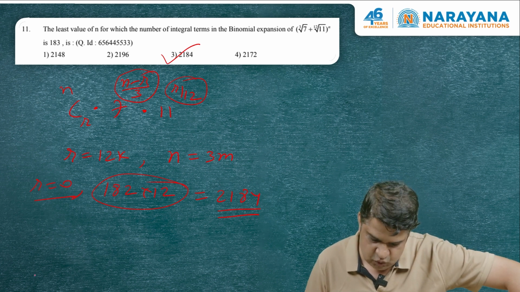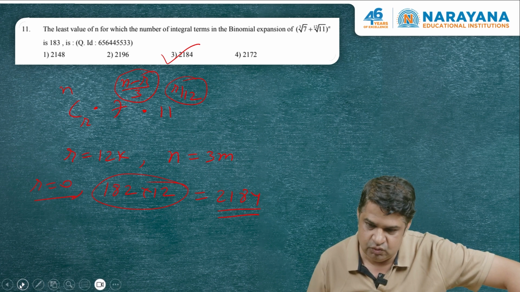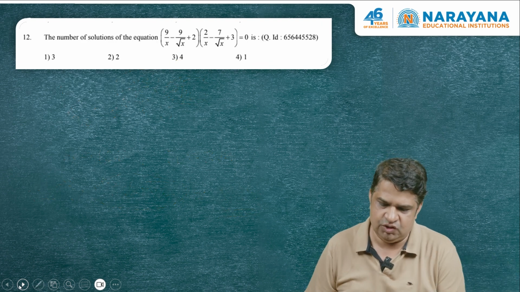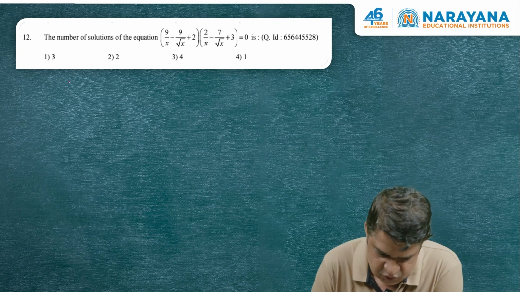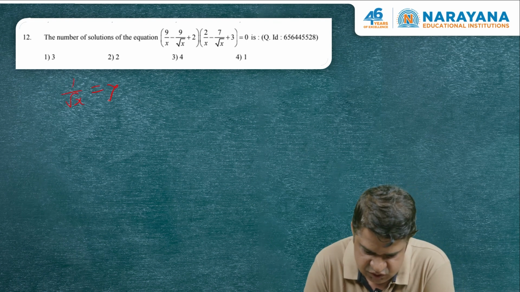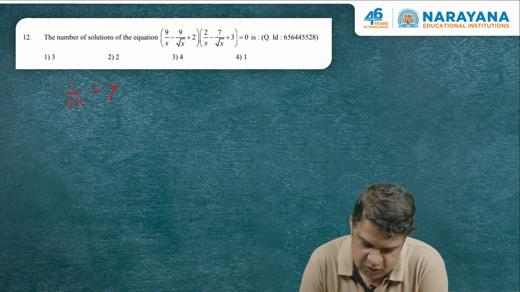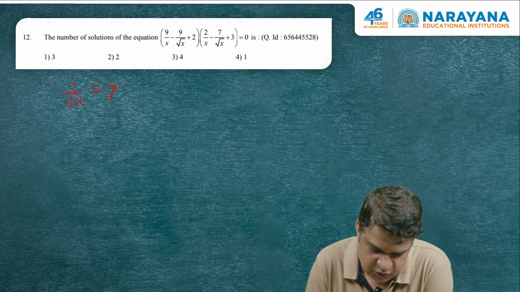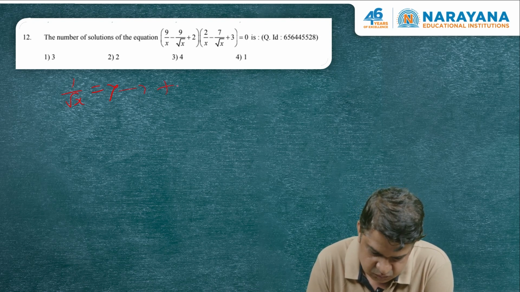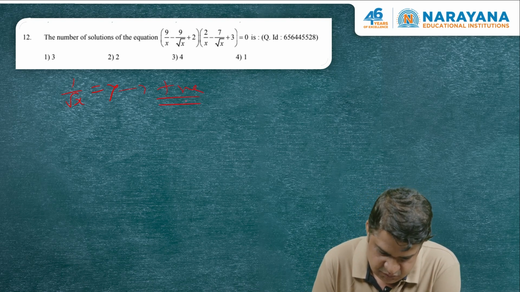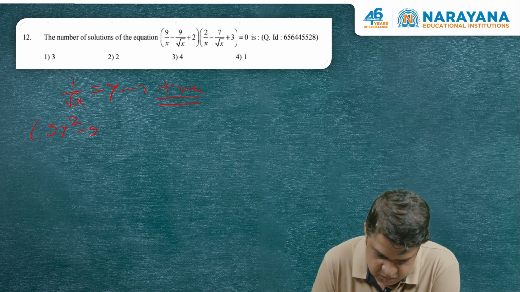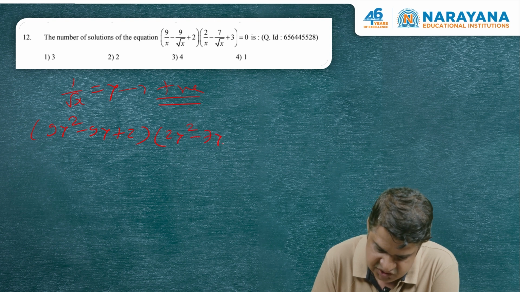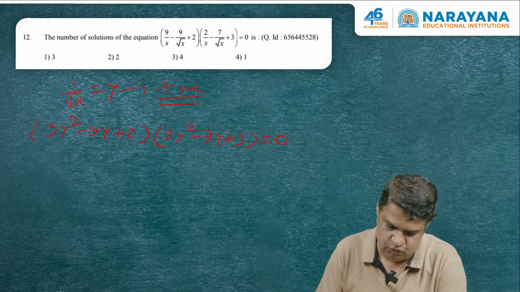So my answer will become 2184. Moving to the next question, question number 12: the number of solutions of the equation. First of all, let us assume 1 by root x equals y. For the number of real solutions, the y value must be positive. Now our equation becomes (9y² - 9y + 2)(2y² - 7y + 3) = 0.